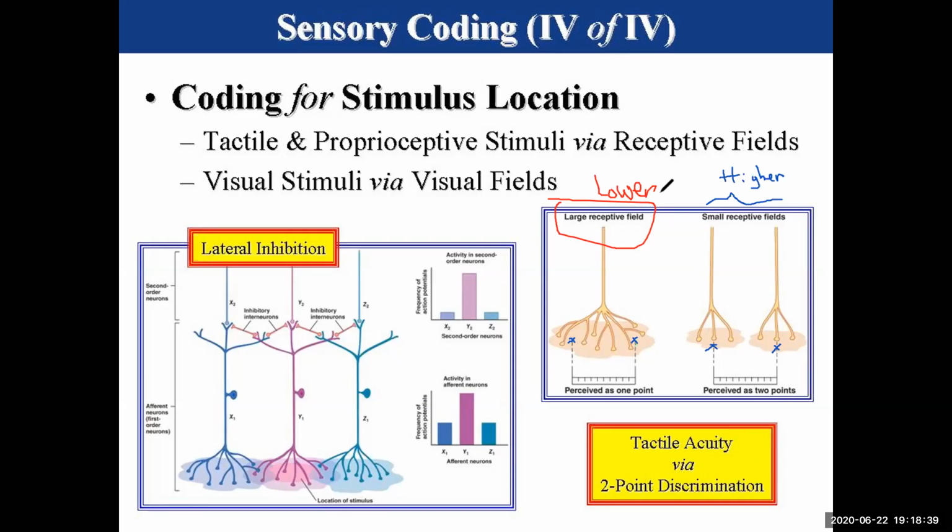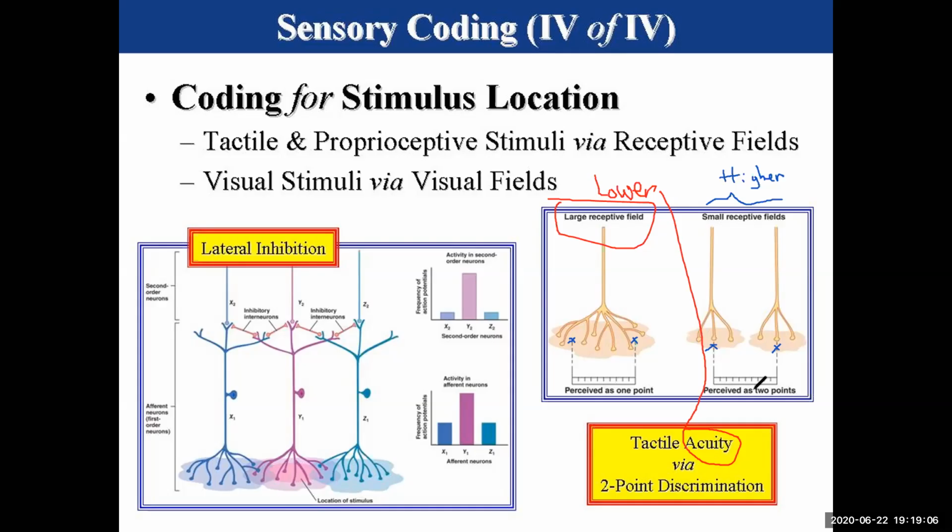We will detect that as one. So with a larger receptive field, our ability to detect two different stimuli decreases significantly, but with a smaller receptive field, our capability of distinguishing two points is highly accurate.